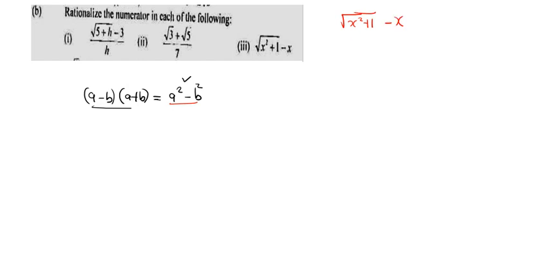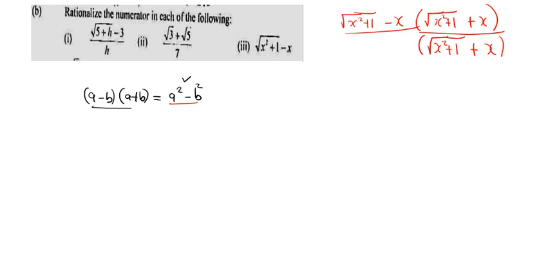Once we multiply by its conjugate, the conjugate of this one will be root x squared plus 1, then plus x, like that. So this is the conjugate. The same conjugate, we multiply it down like that, root x squared plus 1, then plus x, like that. Okay, there's nothing we have changed there.